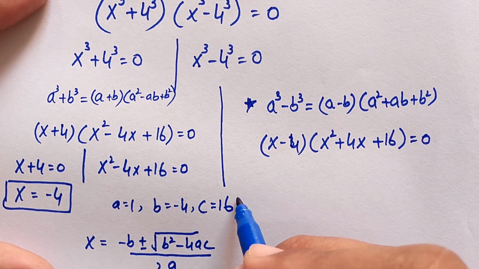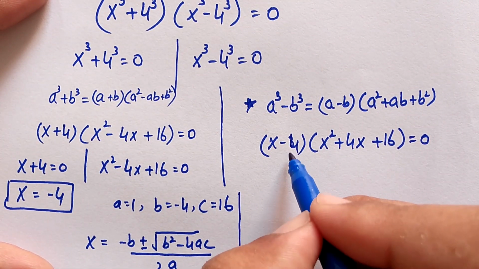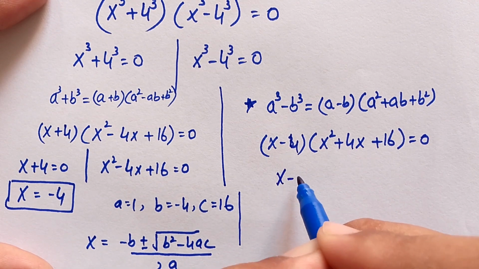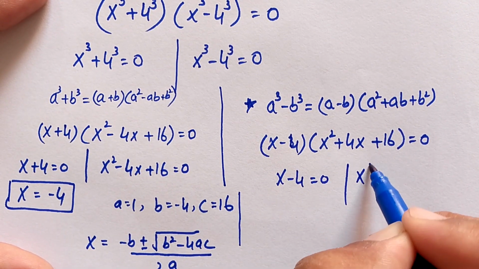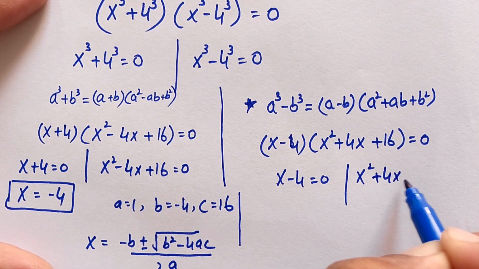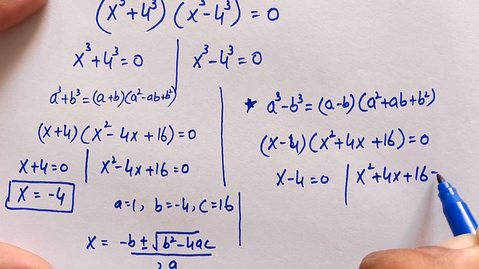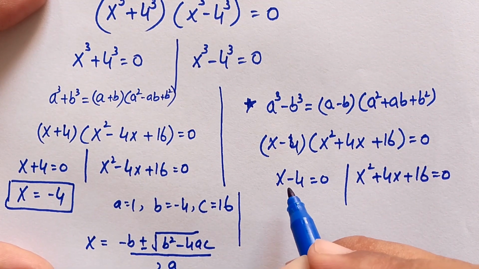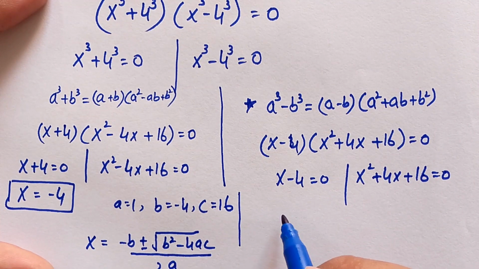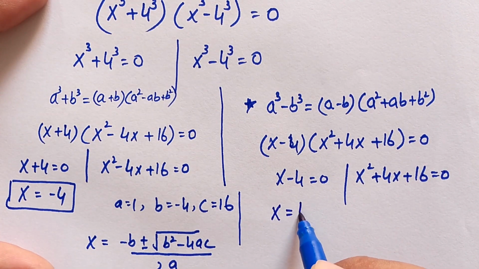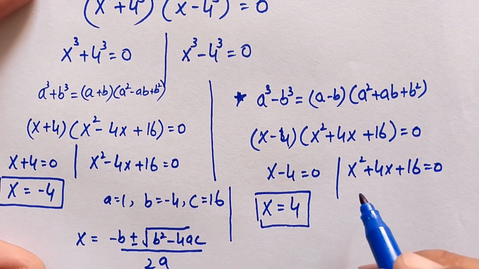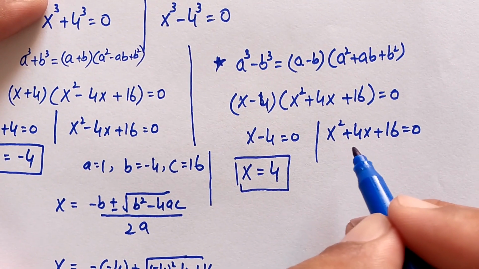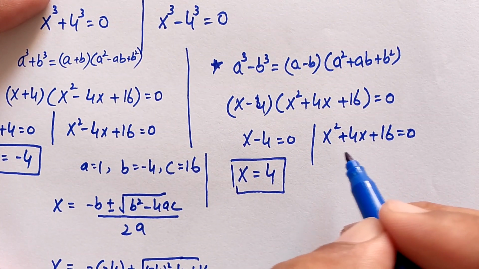Now here again we obtain two cases. The first case is x minus 4 is equal to 0, and the second is x square plus 4x plus 16 is equal to 0. Now here we have to move this 4 to the right side, so this will become x is equal to plus 4. So this is the second real solution. Now we have to solve this side, so we have to use the quadratic equation.